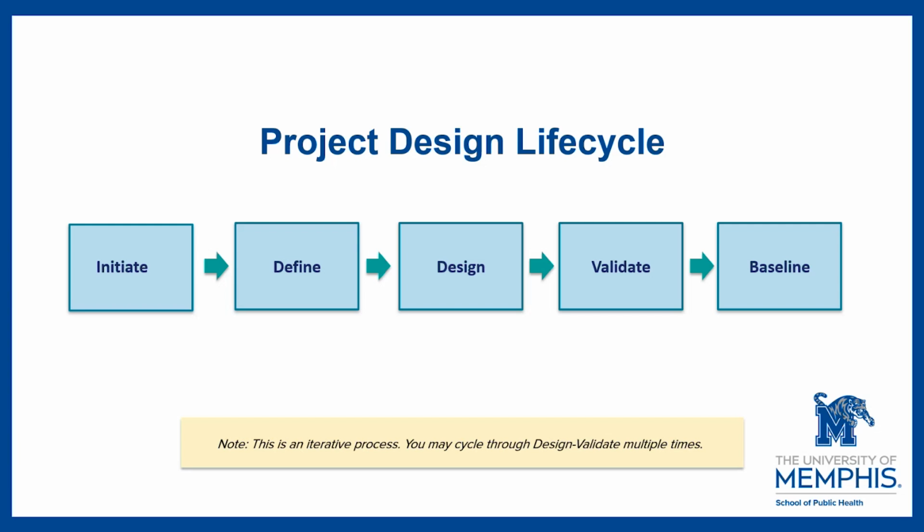A project charter, which is a document, is created, which outlines the purpose, the goals, high-level scope, and key stakeholders. In this stage also, leadership formally authorizes the project to move forward.